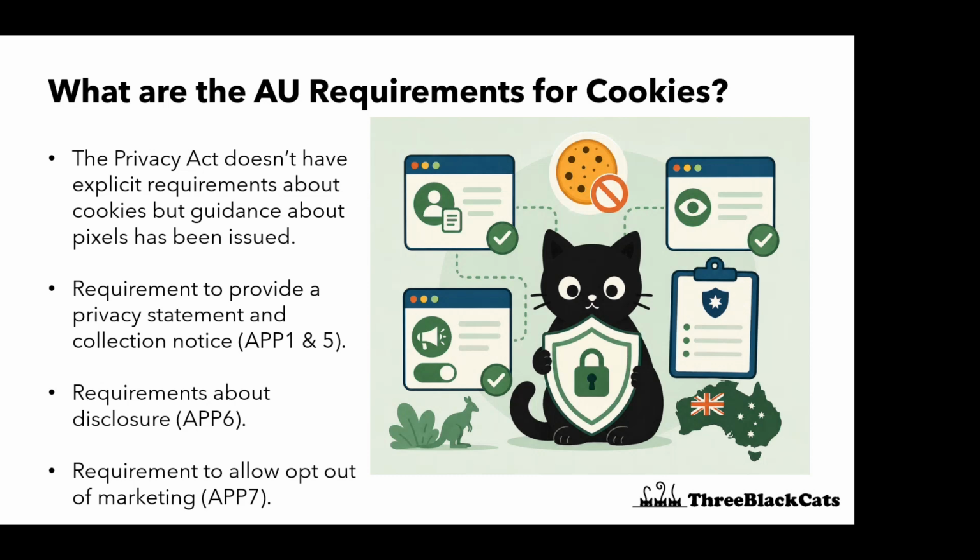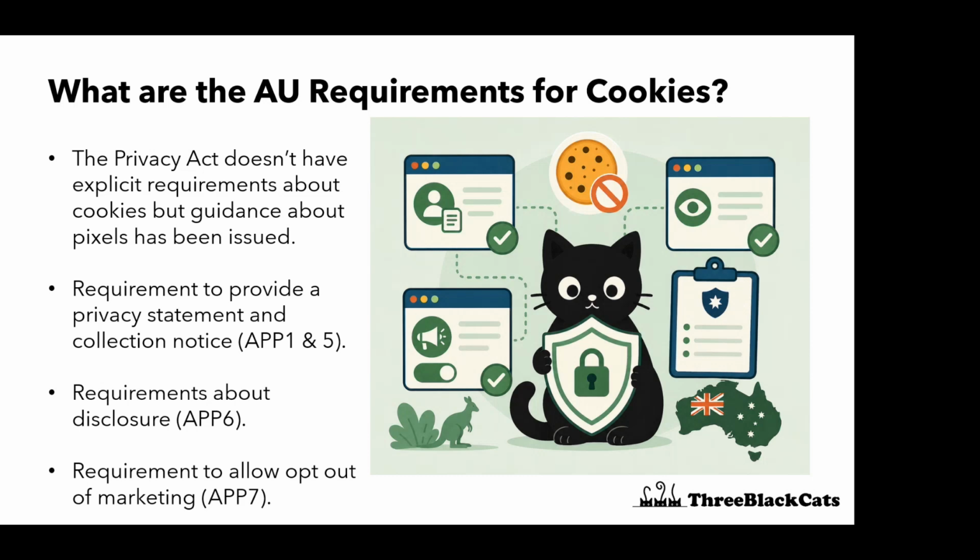What they say about pixels, the same goes. They have also said this year, as part of their compliance work, they will be looking at organisations and how they are managing their cookies and how they're tracking people on websites. That's part of their compliance work this year. Okay, so you've been kind of pre-warned. They are looking for you.